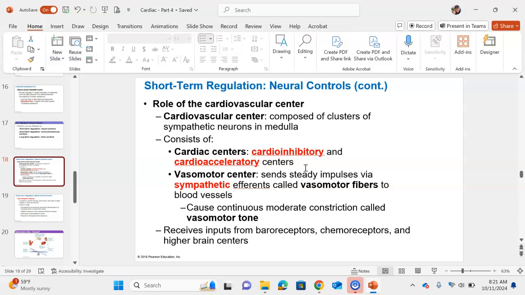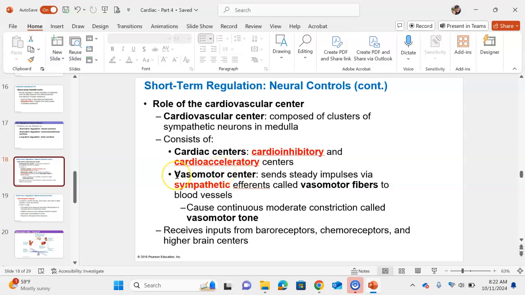When they decrease, we get vasodilation. So the point that I really want you to get here is that the autonomic nervous system can have a very rapid and a very dramatic impact on blood pressure simply by changing the degree of impulses sent from this center directly to the brain.